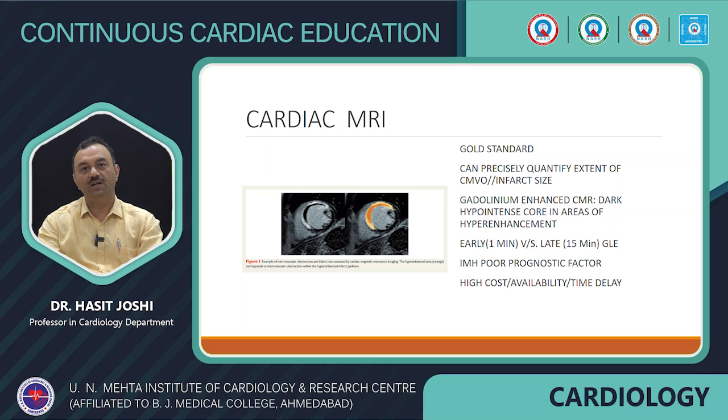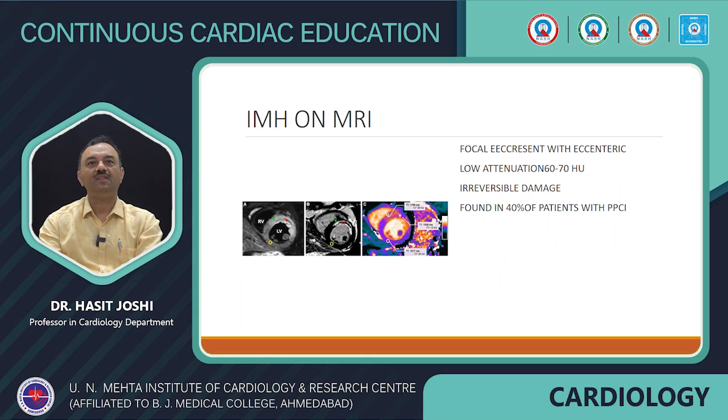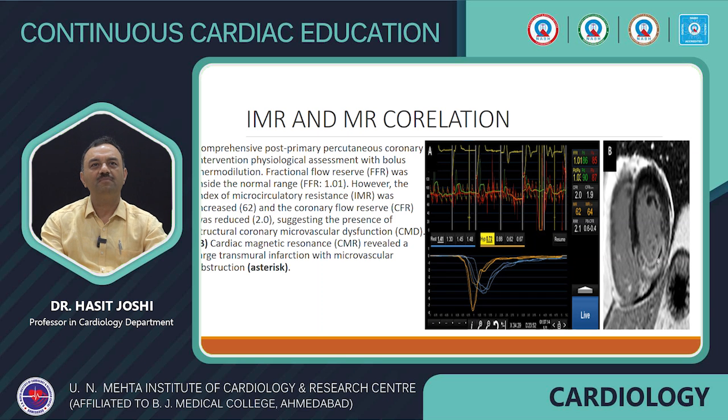The cardiac MR is usually done between 3 to 5 days to assess CMVO, and then it can give a long-term prognosis, but for acute it may not be very helpful. IMH on MRI, focal eccentric hypo low attenuation, suggestive of irreversible damage, is found in about 40% of patients with primary PCI.